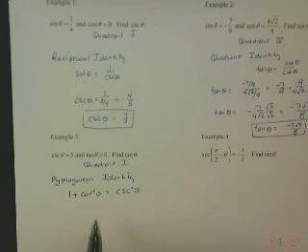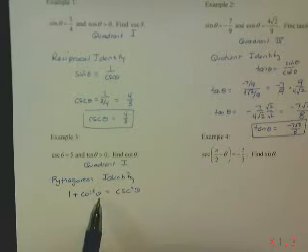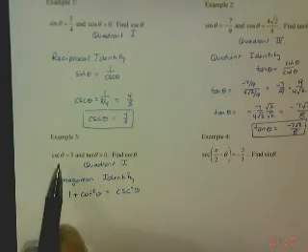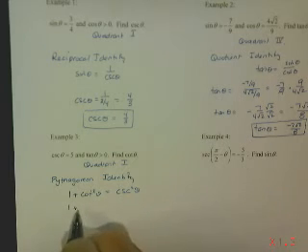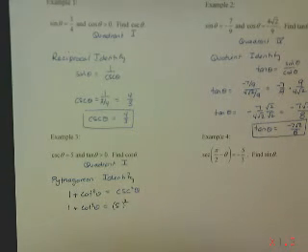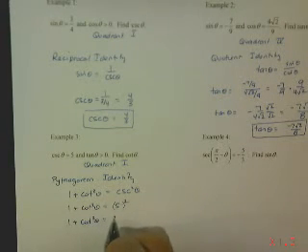And we've talked about this before in class, but let me remind you, cotangent squared theta is going to be cotangent theta multiplied by cotangent theta. It's not that the angle is squared, it's that the cotangent is squared. So I have cosecant, so I know 1 plus cotangent squared theta is equal to 5 squared. I'm replacing cosecant theta with 5. So 1 plus cotangent squared theta is equal to 25.